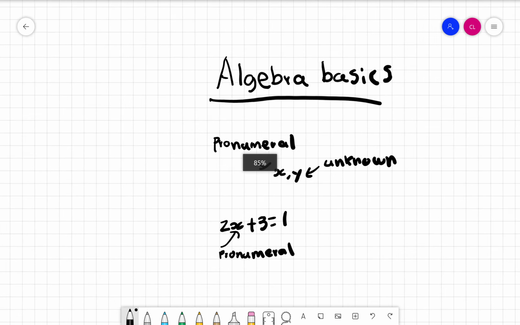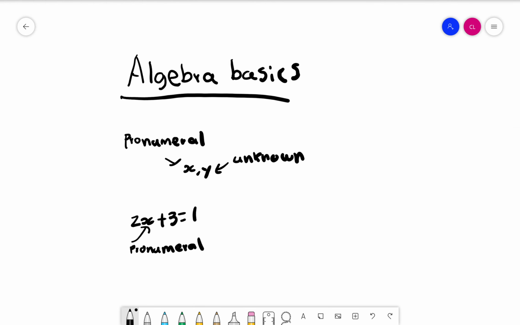Then we have the coefficient. I really hope I spelled that right. So that's basically the number before the pronumeral.